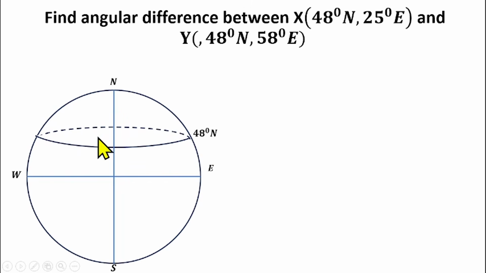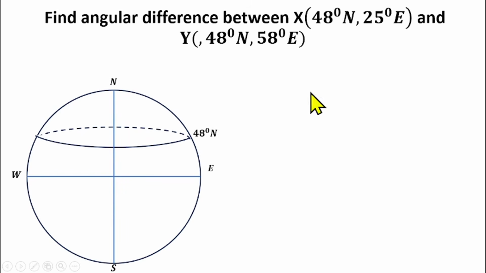I'm labeling this angle. Then from there, for their longitudes, this one is 25 degrees east and this one 58 degrees east. They are in the same hemisphere, east. So which angle do you think I'm going to draw first, 25 or 58? When it comes to longitude, the first angle at the center is the equator. Sorry, that's wrong. Prime meridian, rather, which carries 0 degrees.